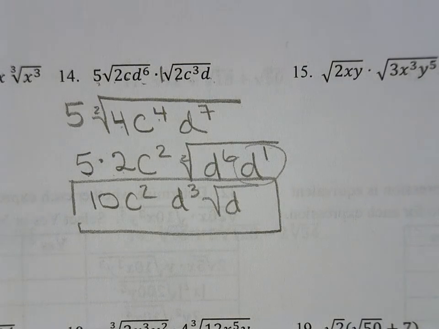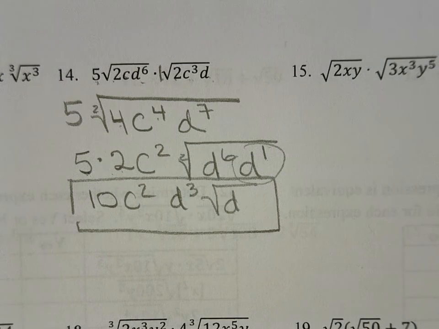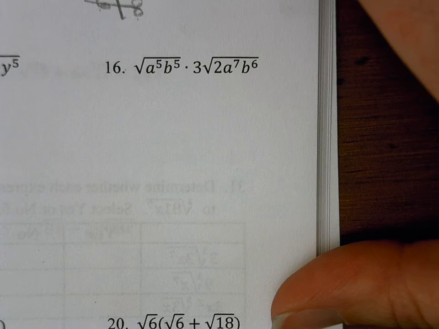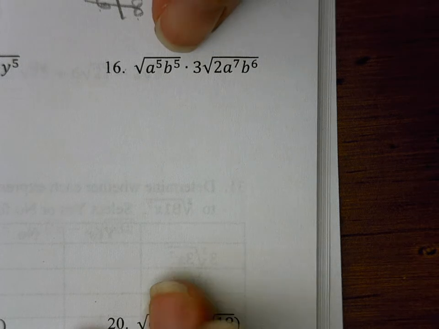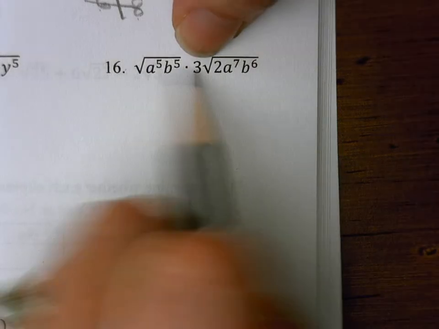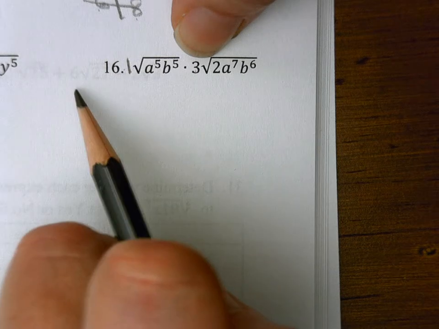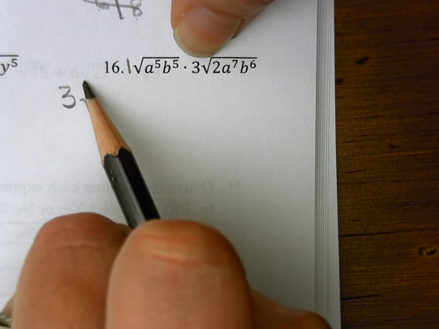And then let's do one more. Let's take a look at number 16. Okay, so for this one here, I just want to multiply together. So the 3 here is going to multiply the implied 1, so that leaves me with a 3 out front.